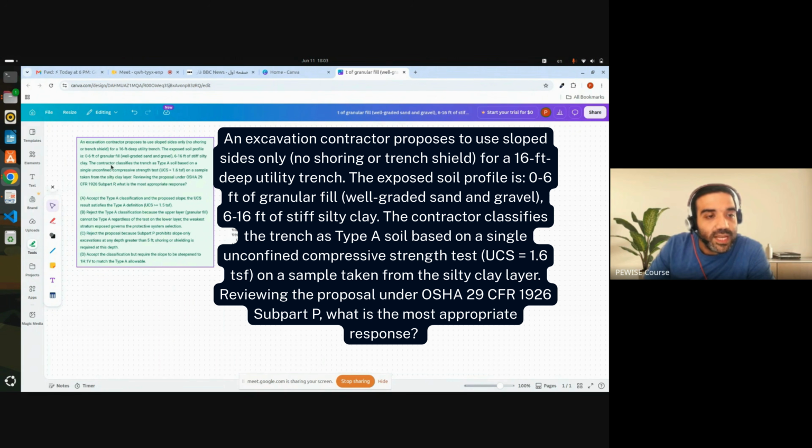The contractor classifies the trench as type A soil based on an unconfined compressive strength test of 1.6 TSF on a sample taken from the silty clay layer. Reviewing the proposal under OSHA 29 CFR 1926 Subpart P. So the person who was designing this question was kind. Usually they don't give you this. What is the most appropriate response?